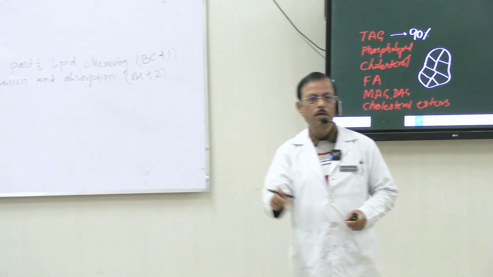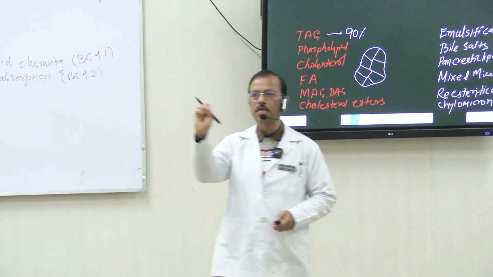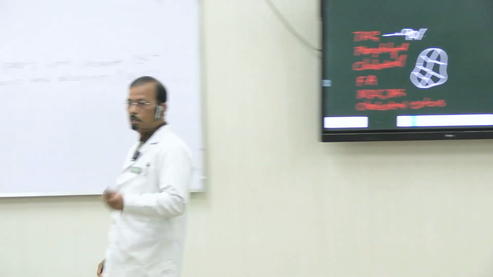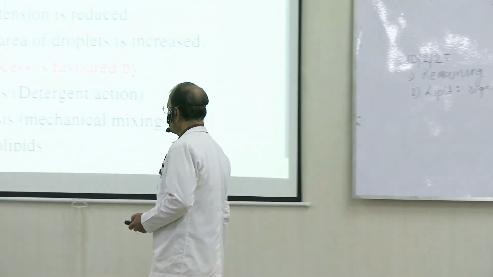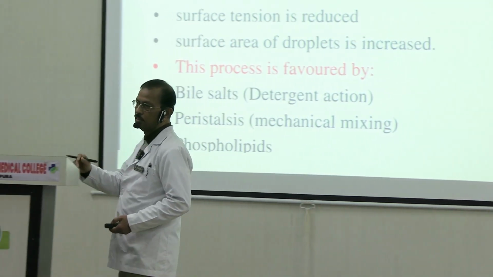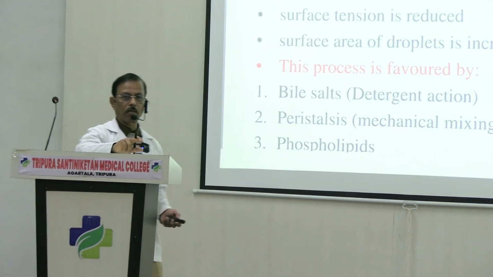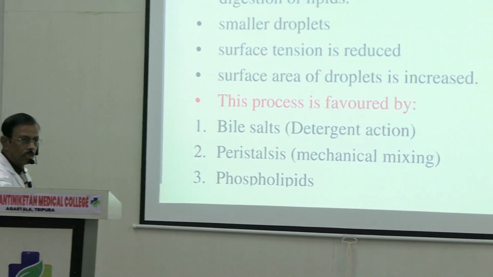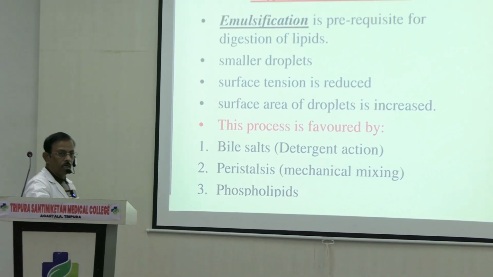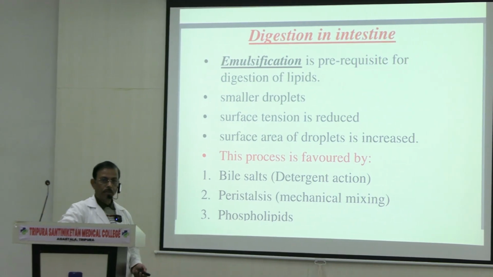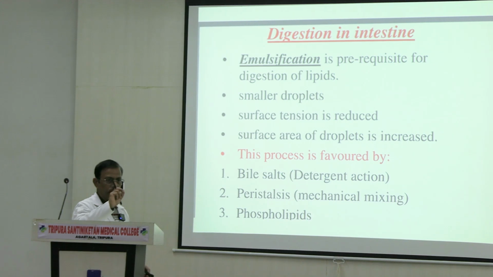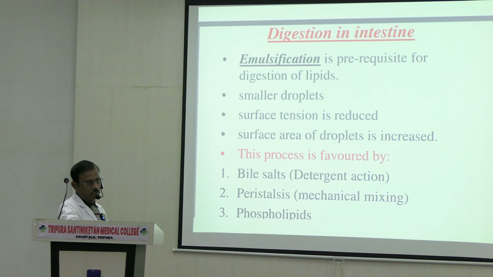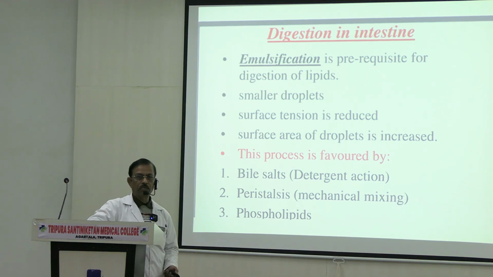That means lipid particles become very tiny droplets, emulsified due to mechanical movement. So, peristalsis causes mechanical mixing of the bile salts and lipid along with the aqueous medium, giving better emulsification. Then phospholipids, these are the amphipathic lipids.